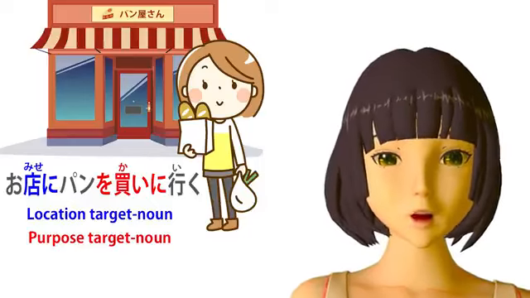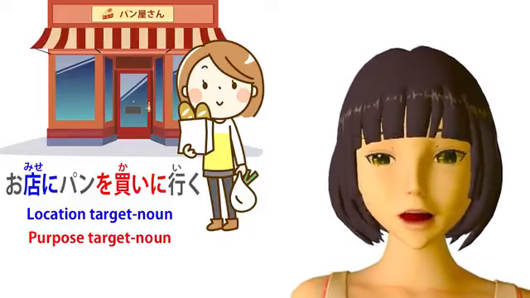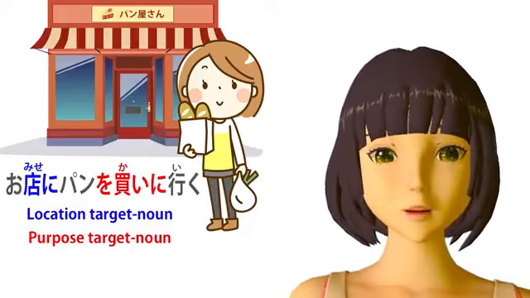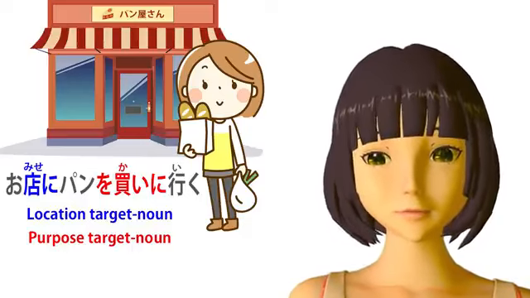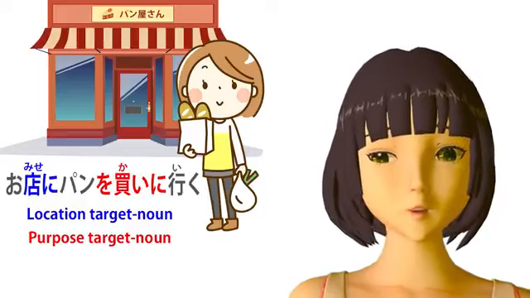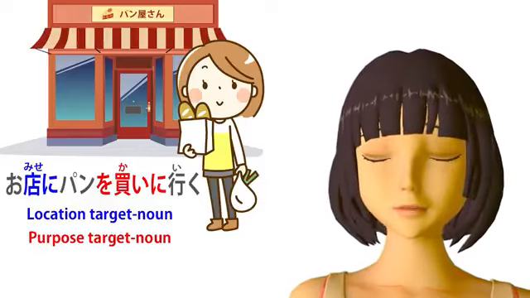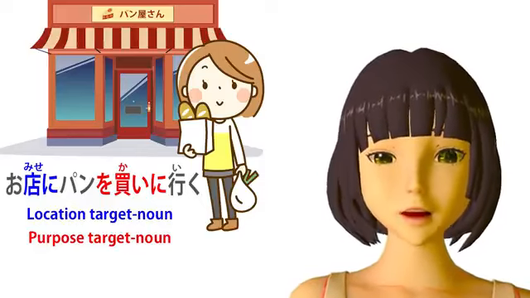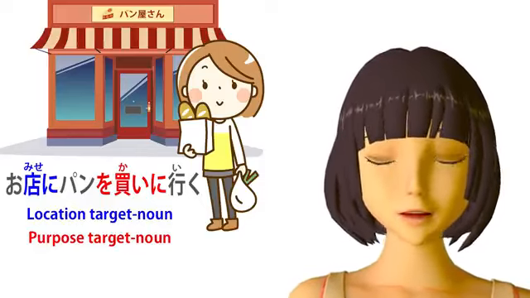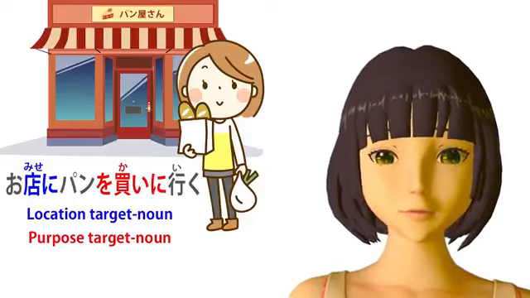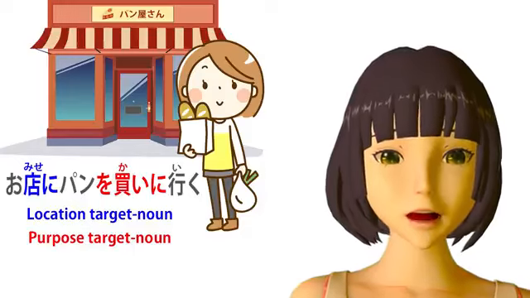So when we say koen ni asobi ni iku, we're marking the target of the place we're going. We're going to the park, koen. And then we're stating our purpose. Our purpose is this thing of playing, this thing of having fun, and that is asobi. So literally we're saying, I'm going to the park for play.